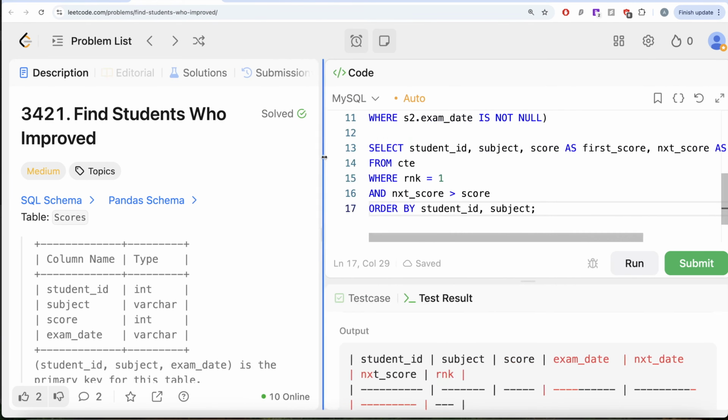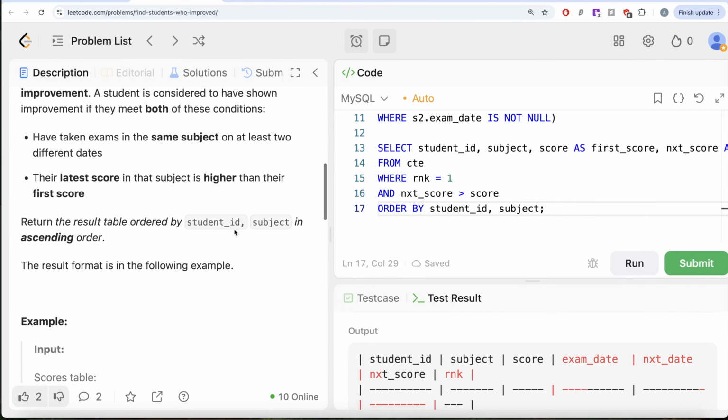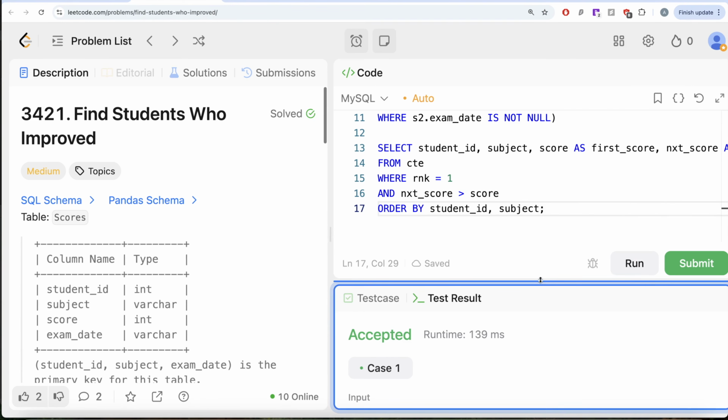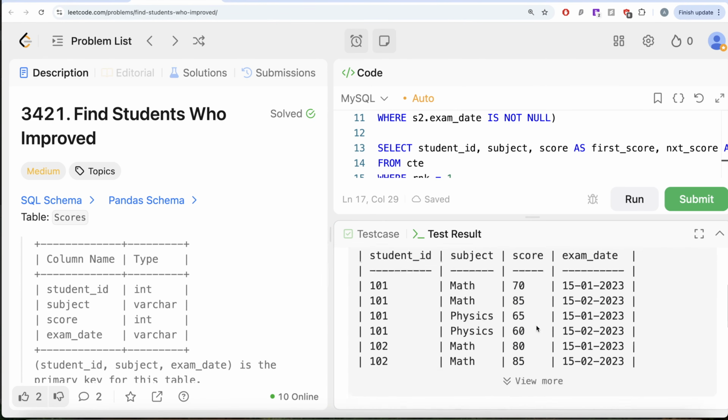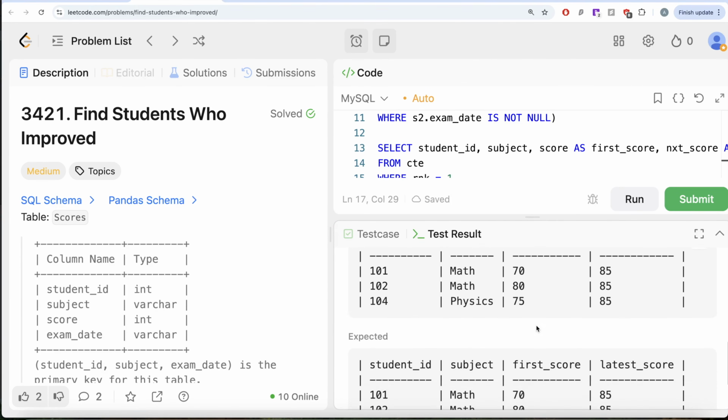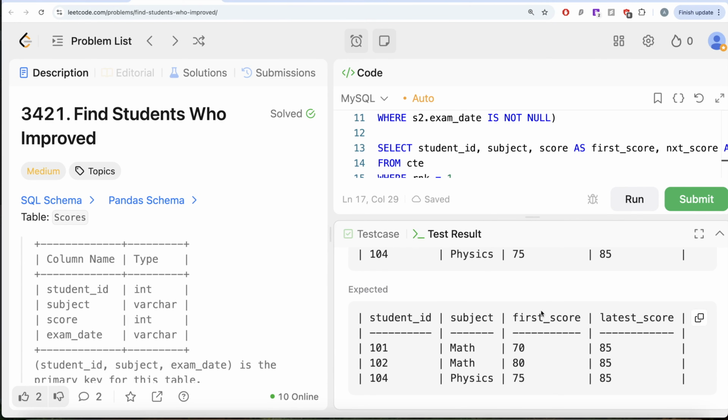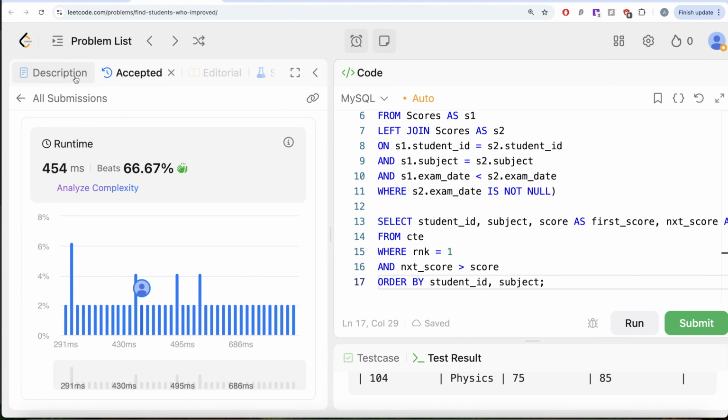If you look at the question, this is what we need to do. Let me go ahead and run this. Let's see what we get in our output. So yeah, this is accepted. Our output is exactly the same as the expected output. Let me go ahead and submit it to pass all the test cases. So yeah, this is accepted.